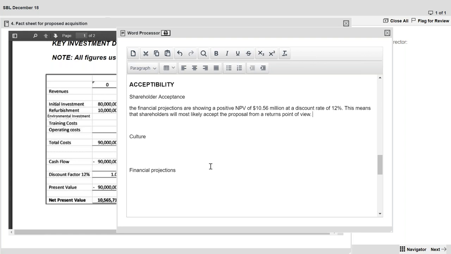Now the other observations I would put under financial projections. First of all, I will say the payback of the project is 3 years and 7 months, or whatever you guys calculate. I don't give a damn about it.